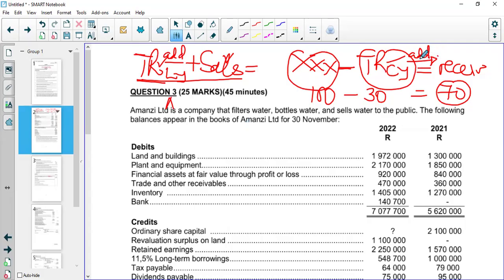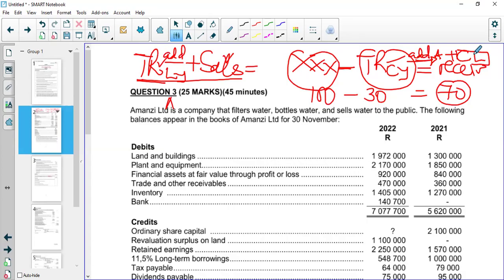So the current year, you add allowances plus the actual credit losses written off, which are not part of the allowance. If there are any credit losses actually written off, we add them back, because if we don't add them back, we will assume that was also received, but it wasn't received, it was written off.